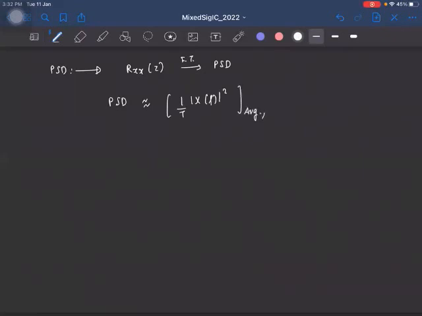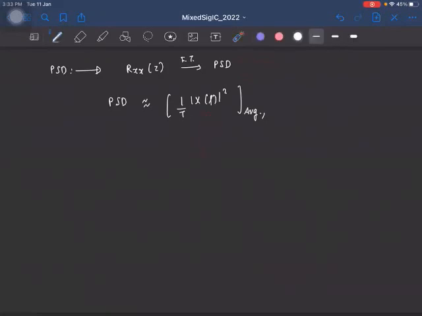Well, this might seem a bit confusing because to start off, we said that for a random signal, each time we record the signal, we get different values. So if we take the Fourier transform, that will also be different each time. And that's why we came up with this autocorrelation function and power spectral density. And finally, it looks like we are taking the Fourier transform and using it.